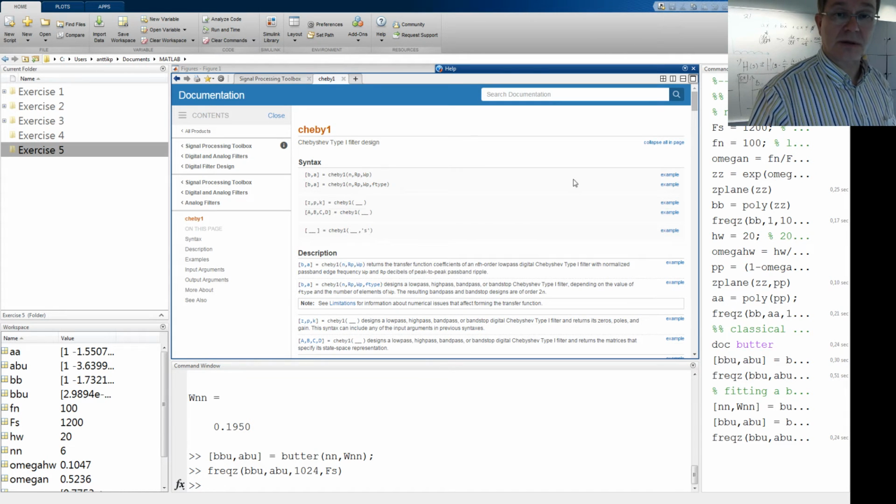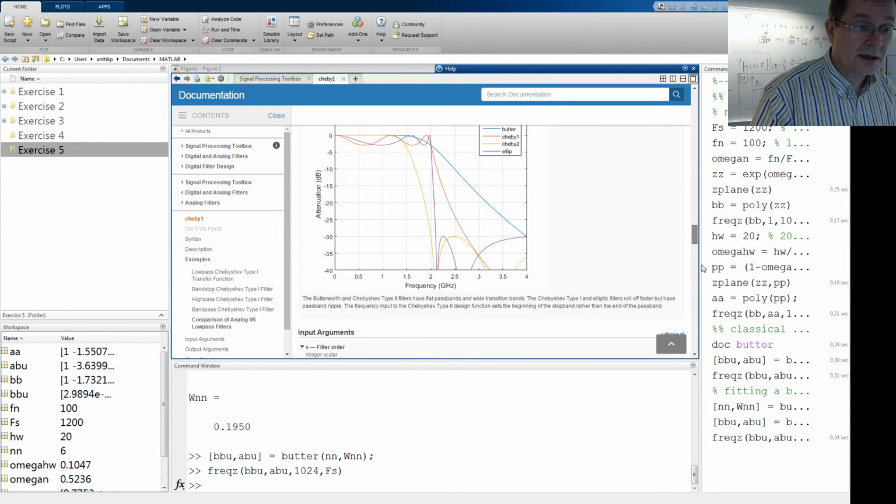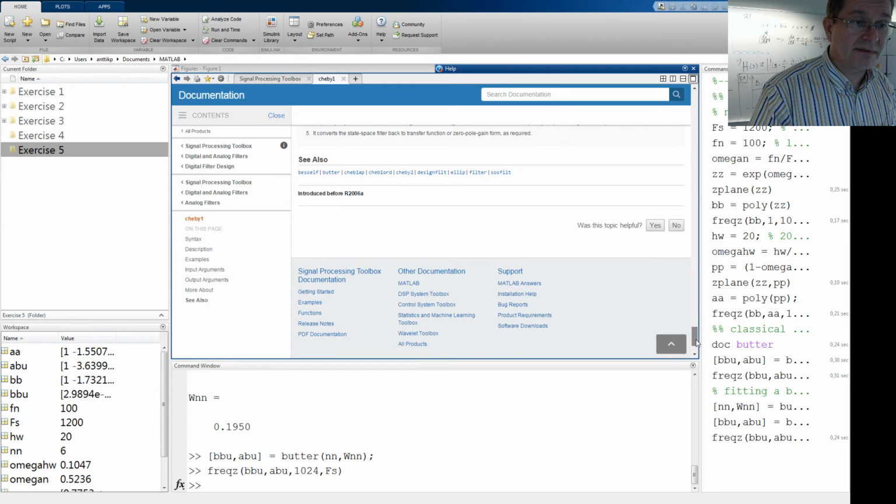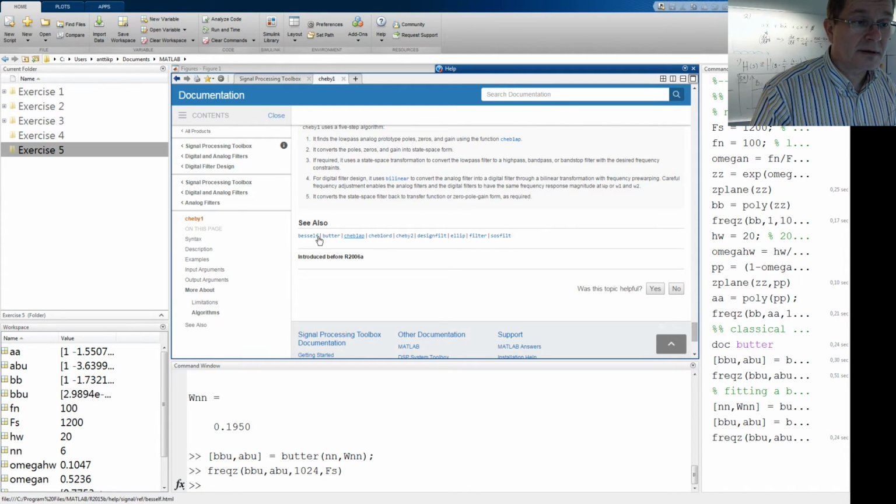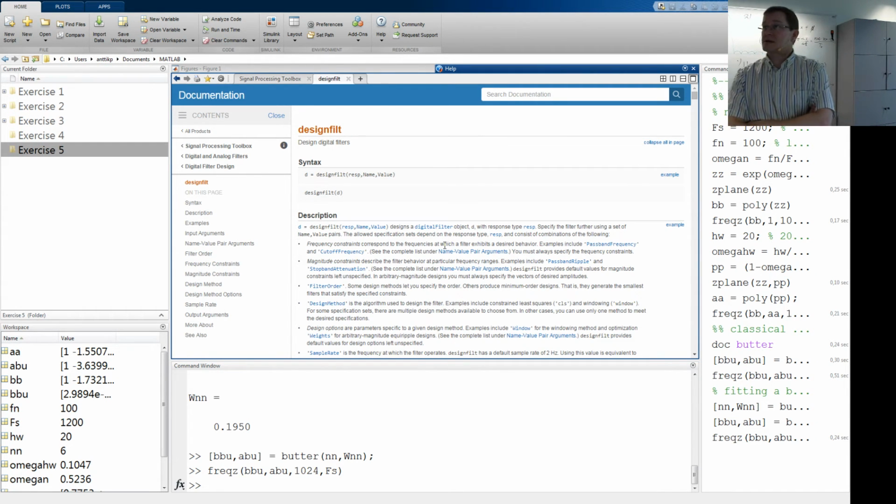Then there's also, let's see, what else do we have here? There's also a nice package on these computers. Basically, if you want to, you can use some of these design subroutines. Designfilt designs any filter, IIR, FIR. You just need to give it parameters, and it does everything for you.